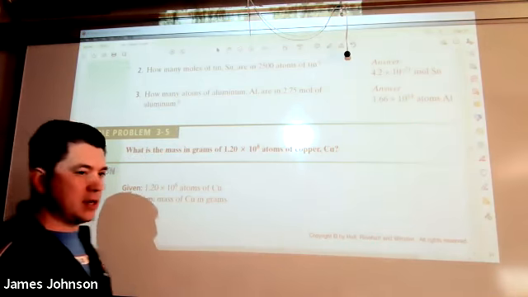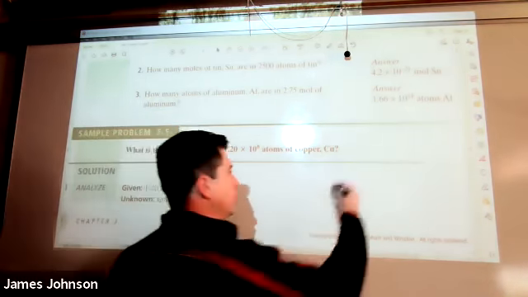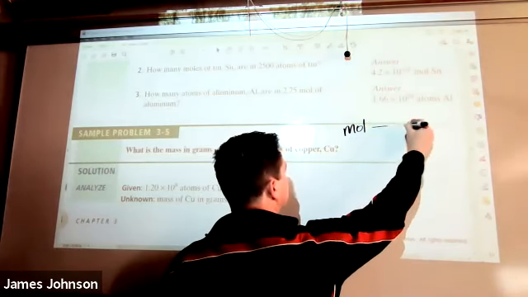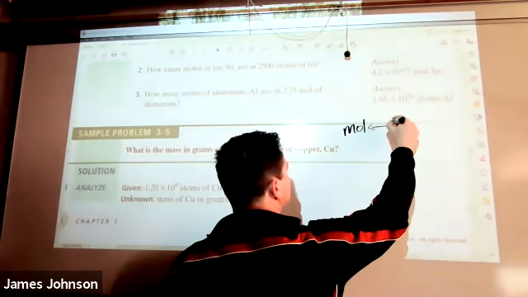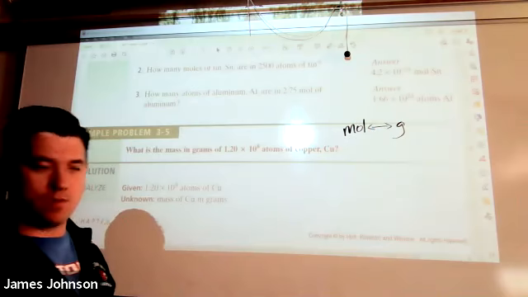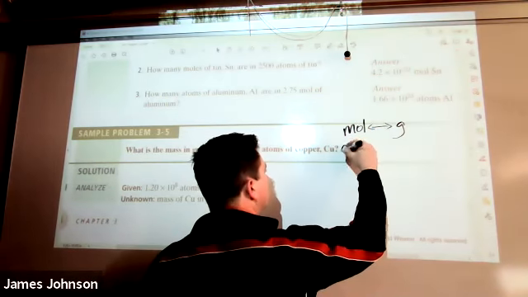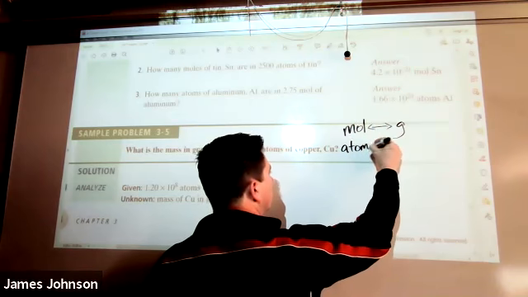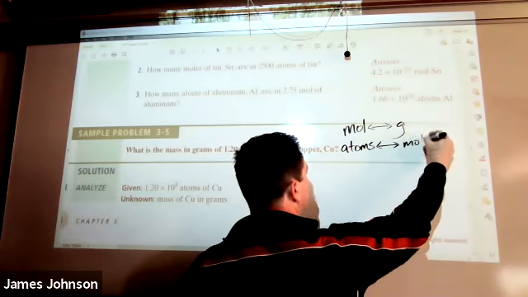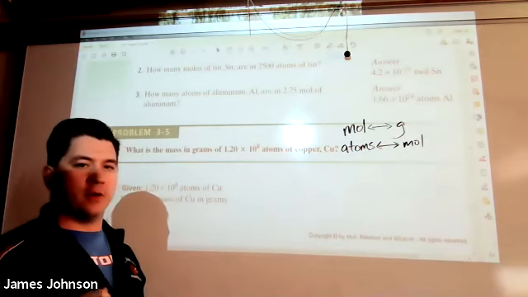So to put this into context, in the most recent sample problems, we've converted between moles and grams back and forth. We've also done conversion between atoms and moles back and forth.